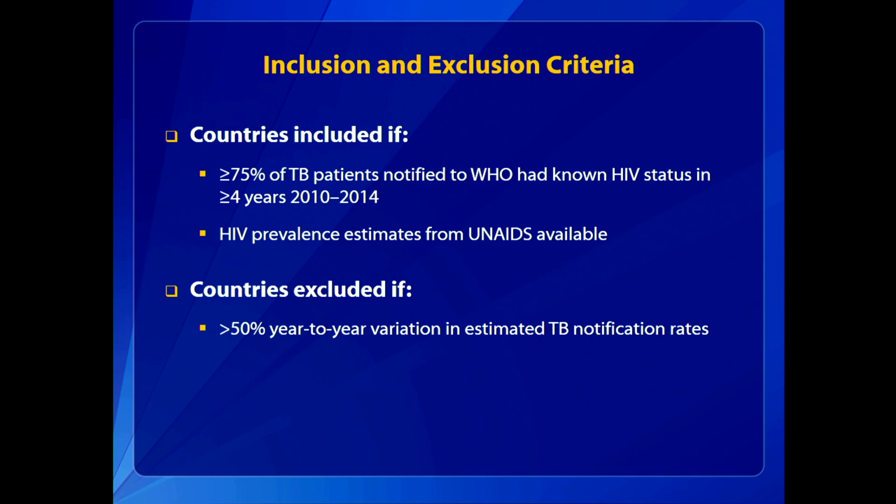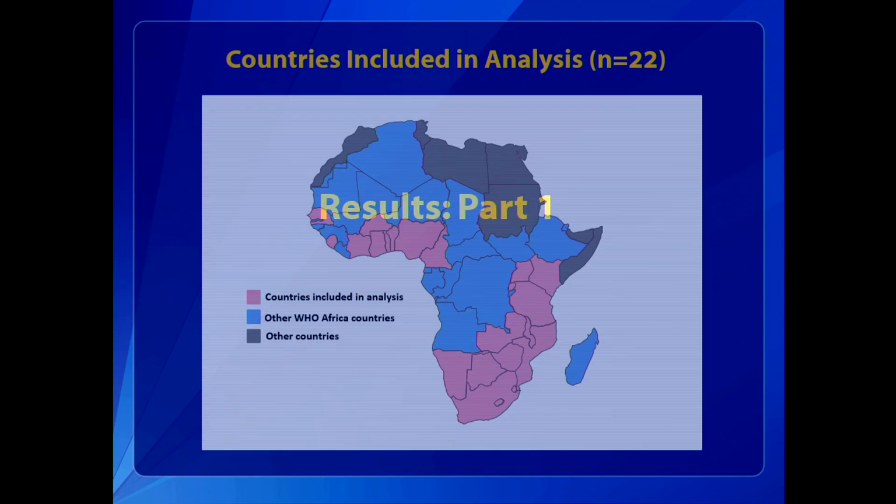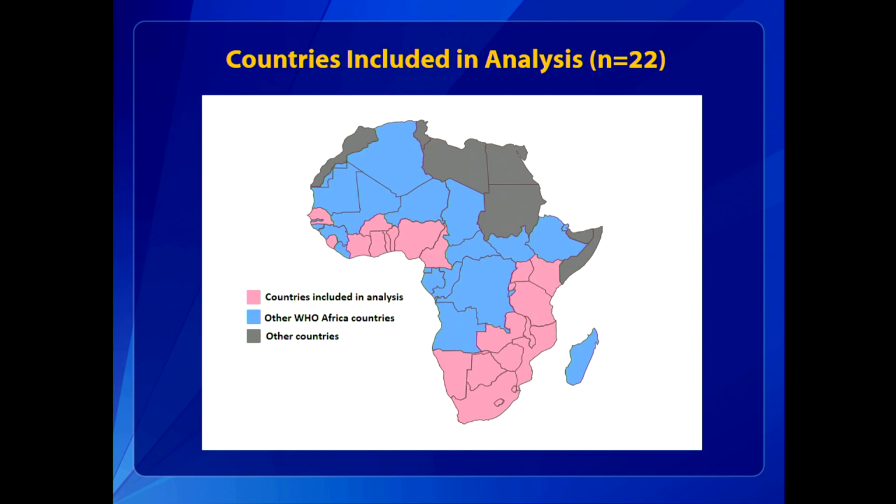After calculating TB notification rates, we excluded countries that showed greater than 50% year-to-year variation in estimated TB notification rates, suggesting either data quality issues or too few TB patients to make rate calculations meaningful. 22 countries met inclusion and exclusion criteria and are shown in pink on this map.